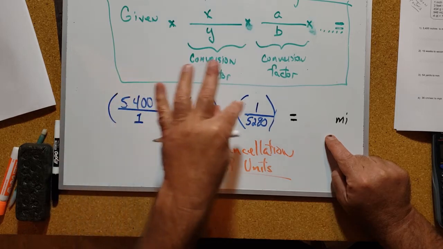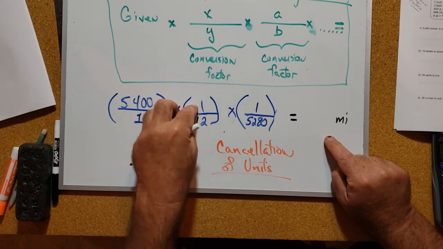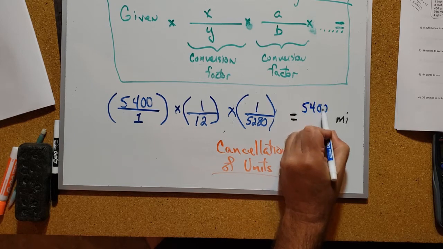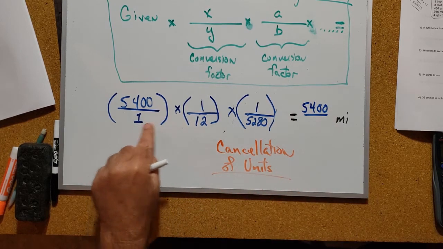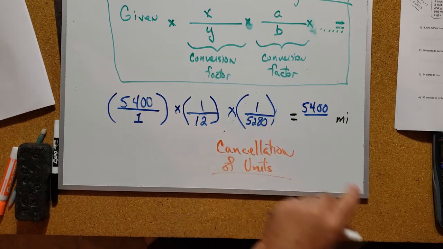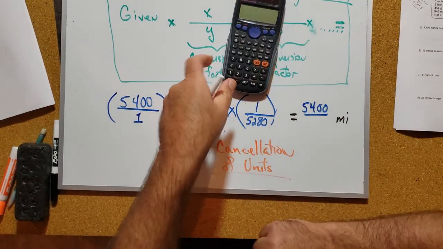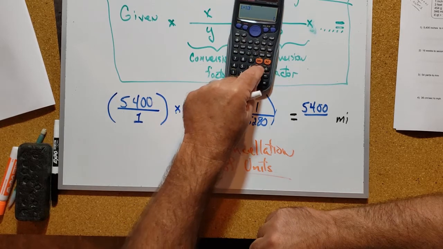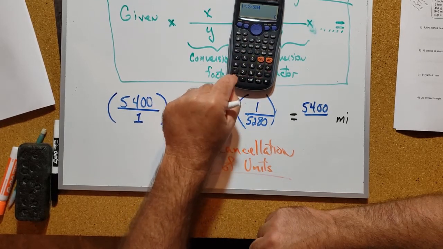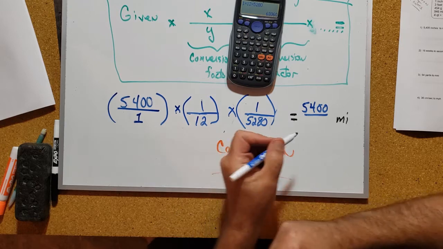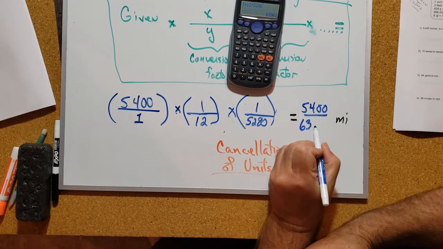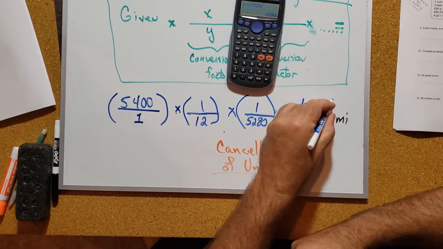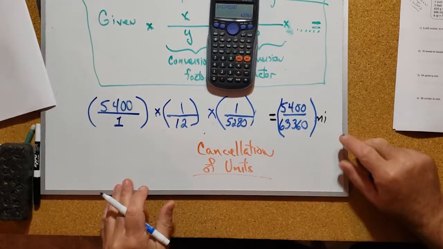Now, how do we multiply these fractions together? We multiply all the numerators together. 5,400 times 1 times 1 is simply going to be 5,400. Now, what's the bottom? 1 times 12 times 5,280. Well, I'm going to need a calculator for that. All right. 1 times 12 times 5,280 equals 63,360. All right. And then that would be units of miles.